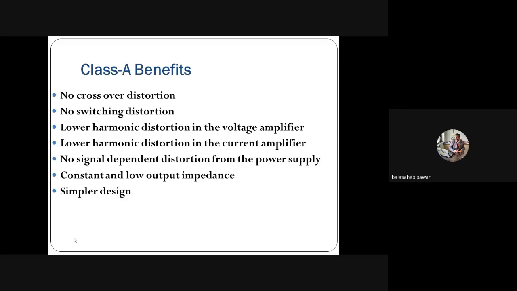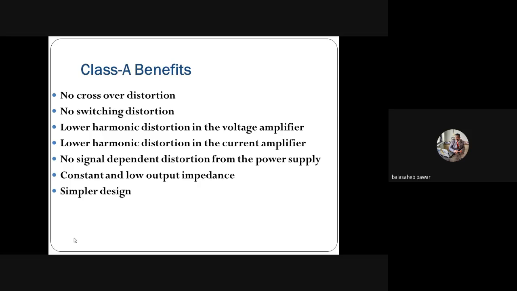During the positive half, the transistor will get turned on, and whenever there is a negative half of input, the transistor will get turned off. So turn on and turn off action takes place in class B configuration. Even in class AB, partially during the negative half it remains on, but partially during the negative half it gets turned off. That means turn on and turn off action takes place in class AB also.